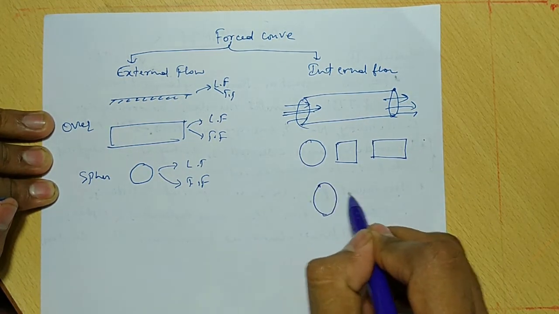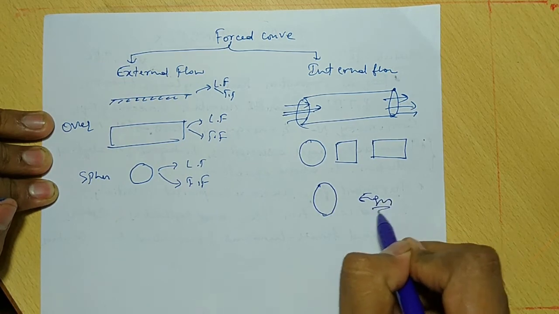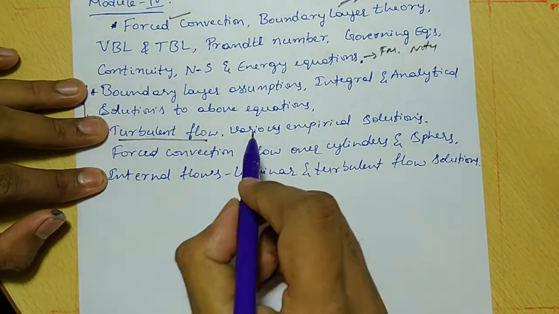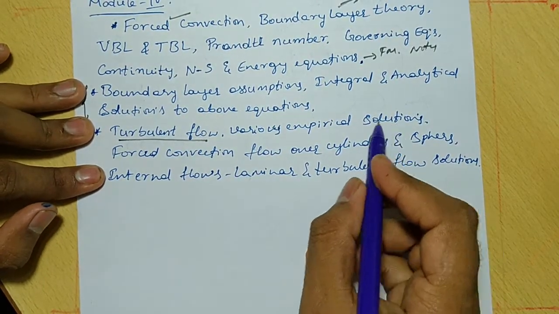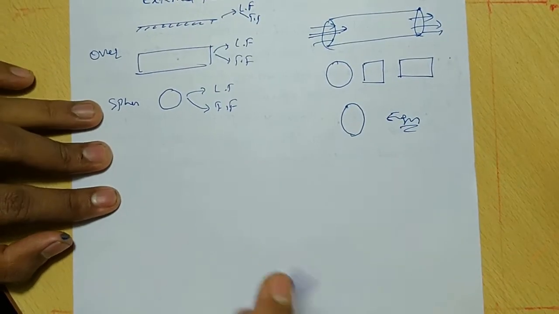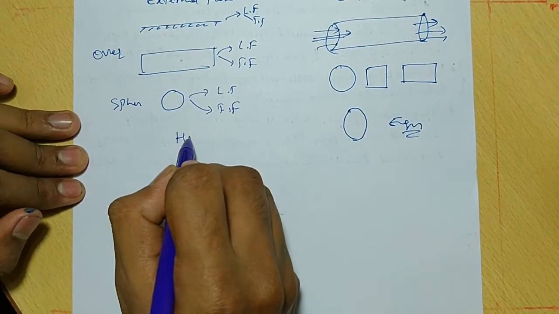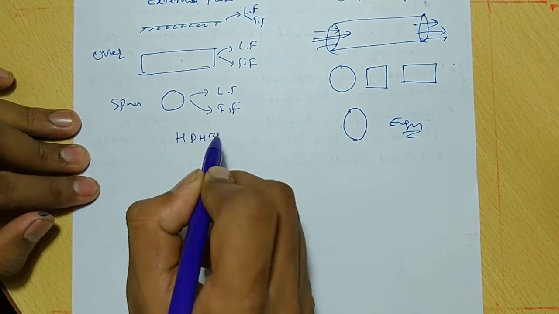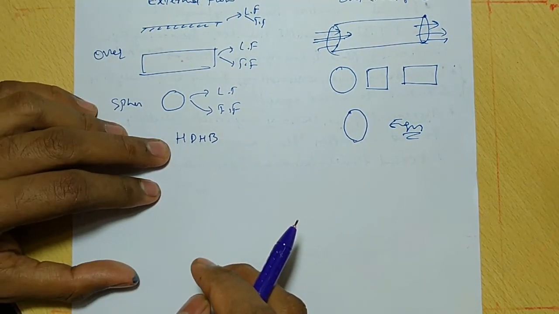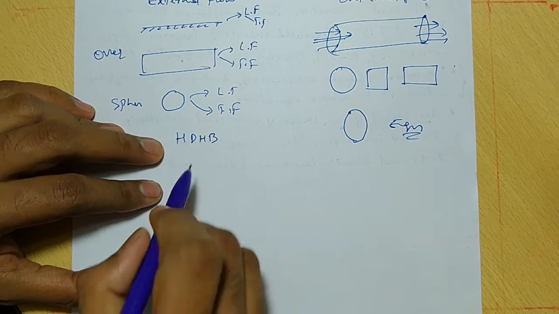For all the cases, the equation will be different. That is what is meant here by various empirical solutions. These things will be shown in the data handbook, that is the heat transfer data handbook. For all these different conditions, the equation is available in the heat transfer data handbook.